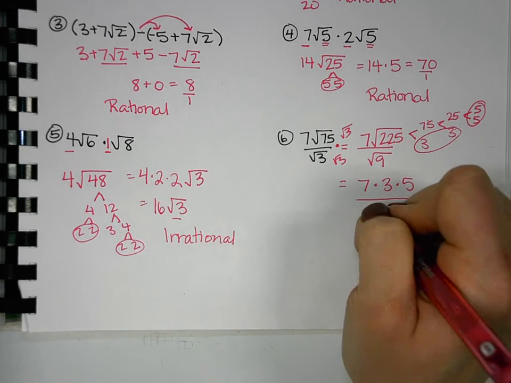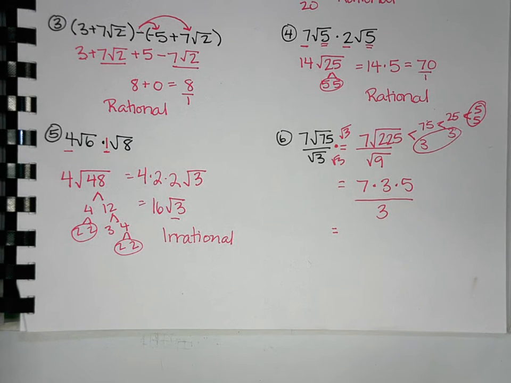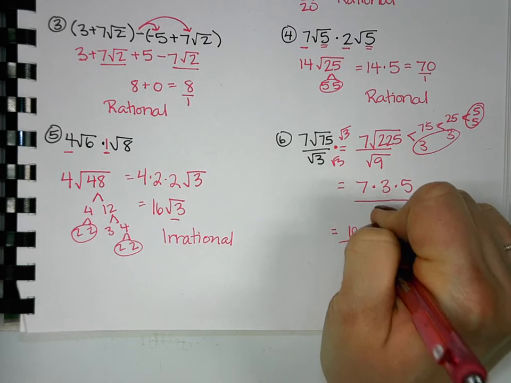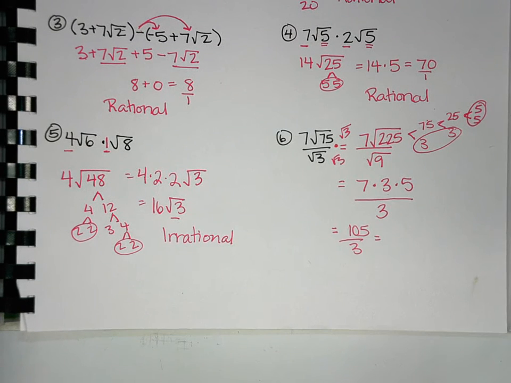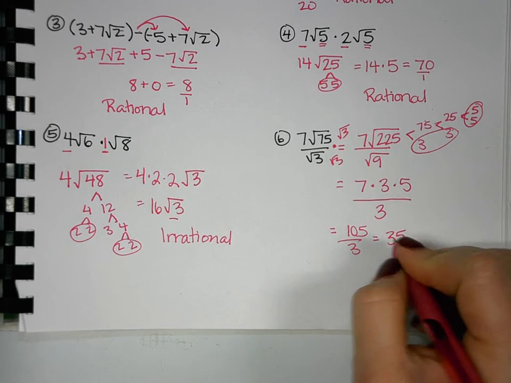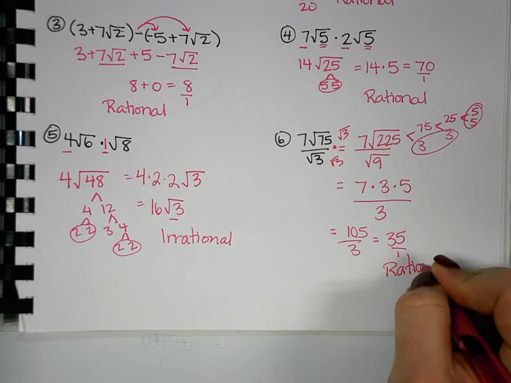Square root of 9 is 3. So if we multiply on top, what we have, 7 times 5 times 3, we get 105. 105 divided by 3 will give us 35. That can be written as 35 over 1, so it's rational.